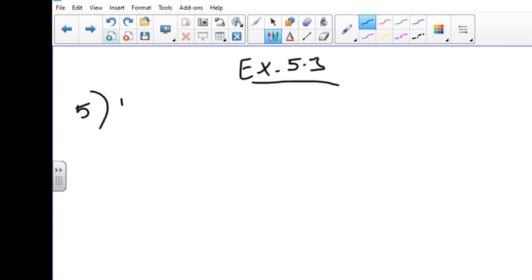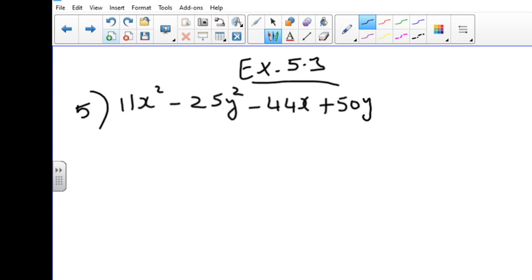11x square minus 25y square minus 44x plus 50y minus 256 is equal to 0.